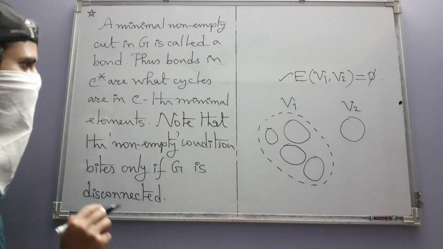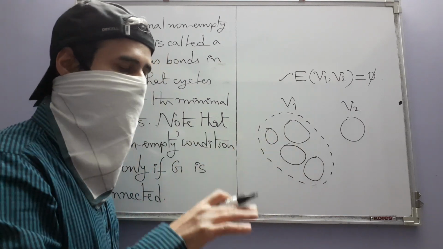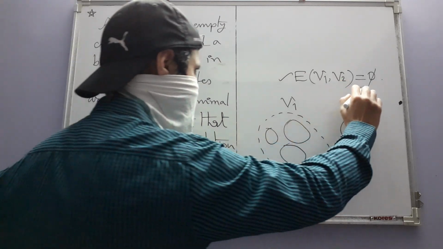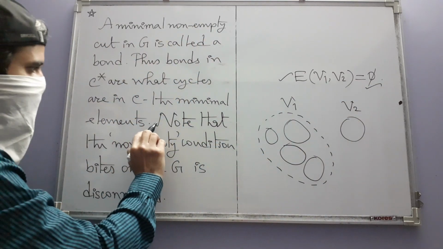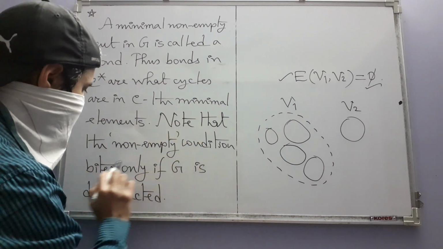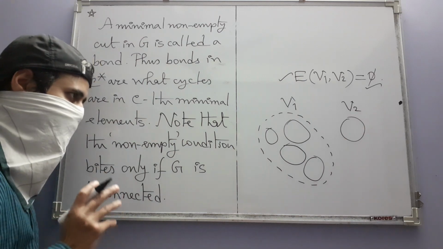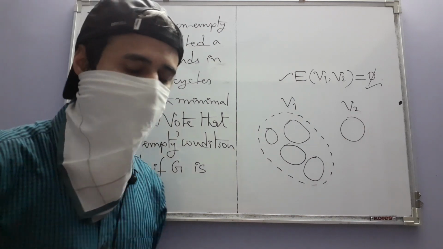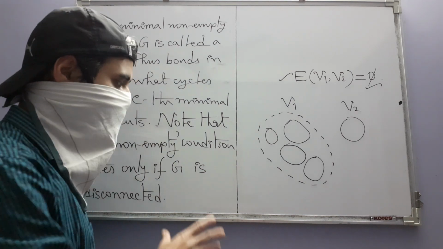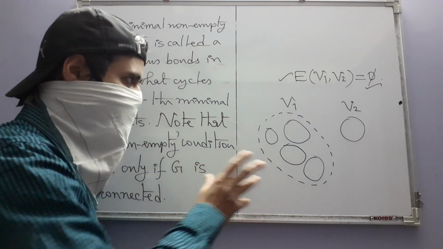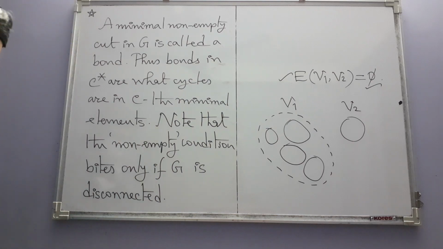So that is why, in order to keep bonds interesting, or in order to have bonds which are minimal but not this degenerate case, we need non-emptiness. So that's why the author writes, note that the non-empty condition bites only if G is disconnected. If G is connected, on the other hand, then something else happens. In that case, we do not need non-emptiness explicitly, although the minimal bonds being non-empty becomes just a consequence. Okay, so we are next coming to that.